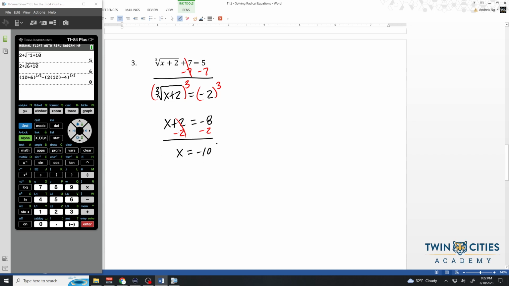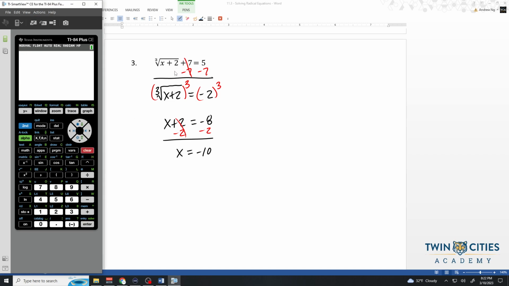Now I'm not going to box that yet. I'm going to take that and plug it into my original, and I see I've only got x's on one side here, so I'm going to plug it in here, and I should get 5. If I don't get 5, then this is an extraneous solution. So let's go ahead and try that.